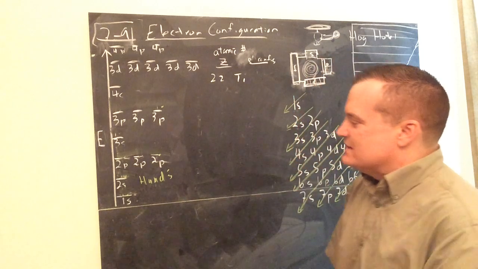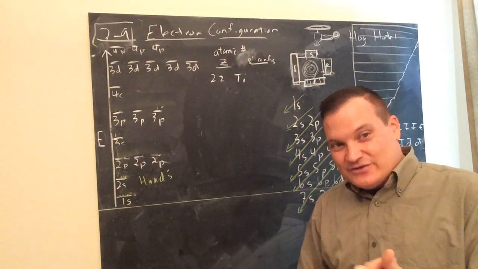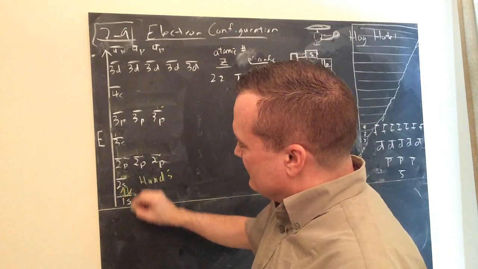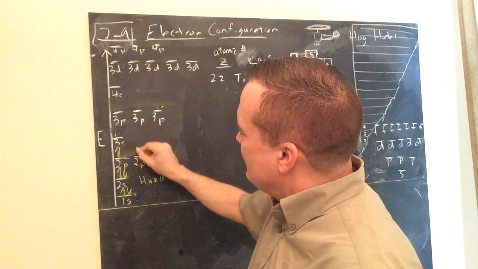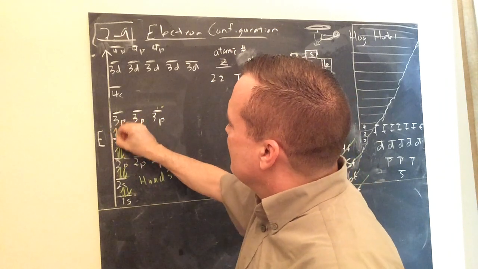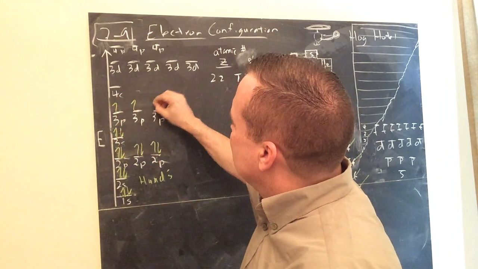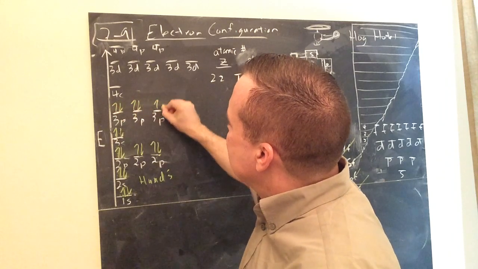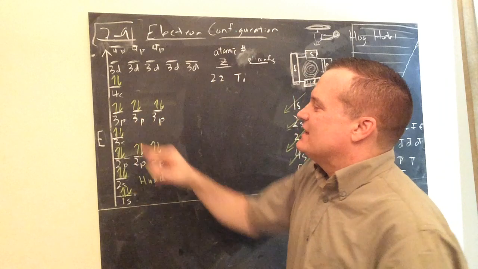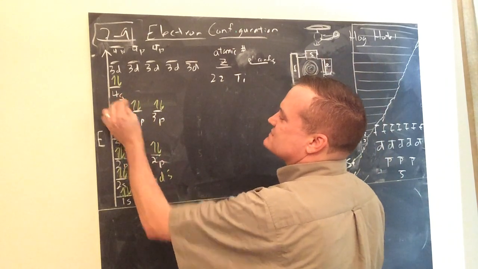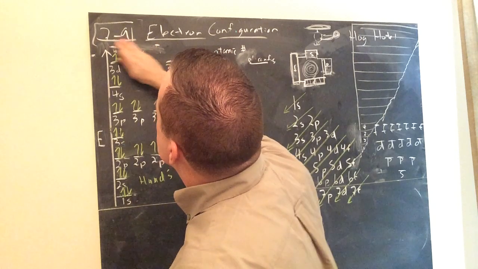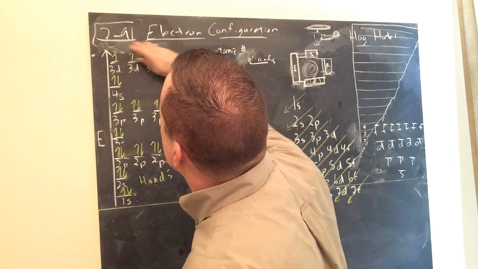So I could just count 22 electrons. 1, 2, up, down. 1, 2, 3, 4, 5, 6, 7, 8, 9, 10, 11, 12, 13, 14, 15, 16, 17, 18, 19, 20. Now this is interesting. I know it goes to 4s. Then 21, then 22. We're not even going to use 4p's really here, so I'll just erase them.